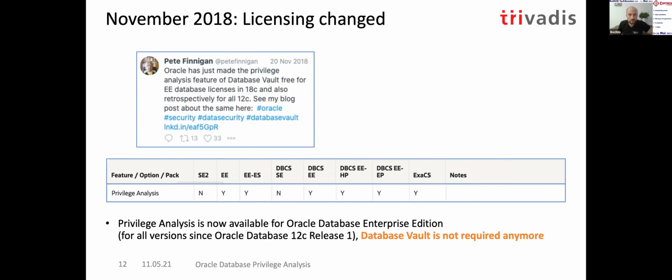Nowadays, I see everyone upgrading to the long-term support release 19c. And of course, this is another release to check your privileges. You can even run it with the Express Edition of the database. Think about Standard Edition 2 users.